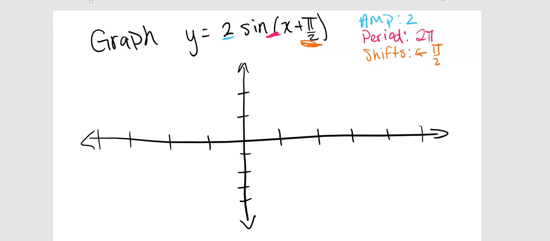Okay, so let's start off with the following. I know that my key points for sine start at 0. So I'm going to put x's for my original key points. It starts at 0, 0. I go over pi halves. I probably ought to label this.